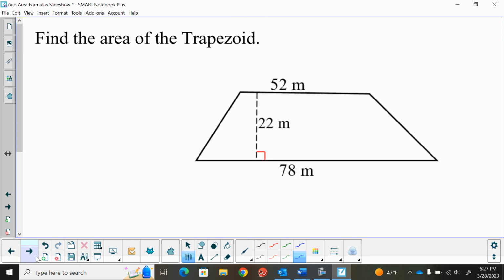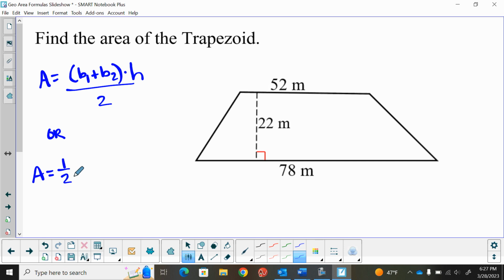All right, now here's our trapezoid example. So really the only difference now is we've got two bases. So we're going to add our bases together first. So base 1 plus base 2 times the height, and then divide by 2. Or if you want to think of it more like the triangle, 1/2 base times height, you could go 1/2, but this time your base is the sum of the two bases, and then times your height.